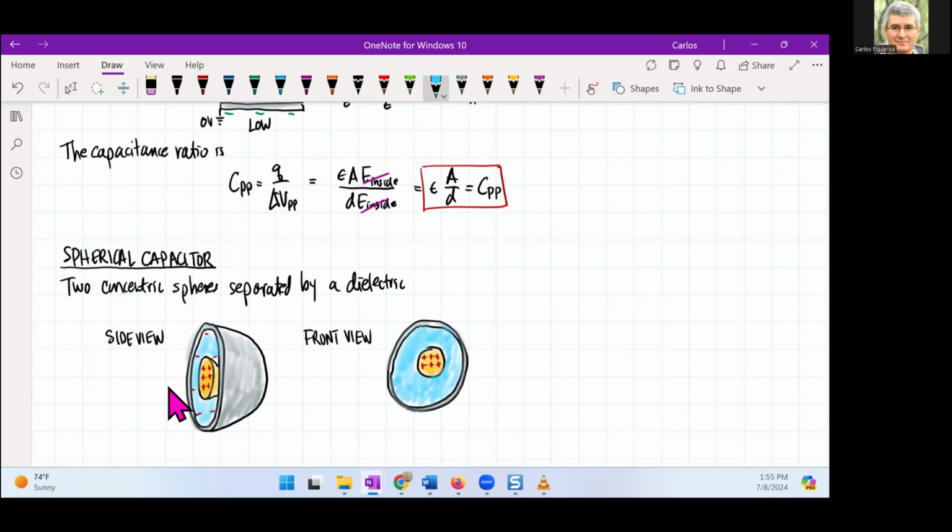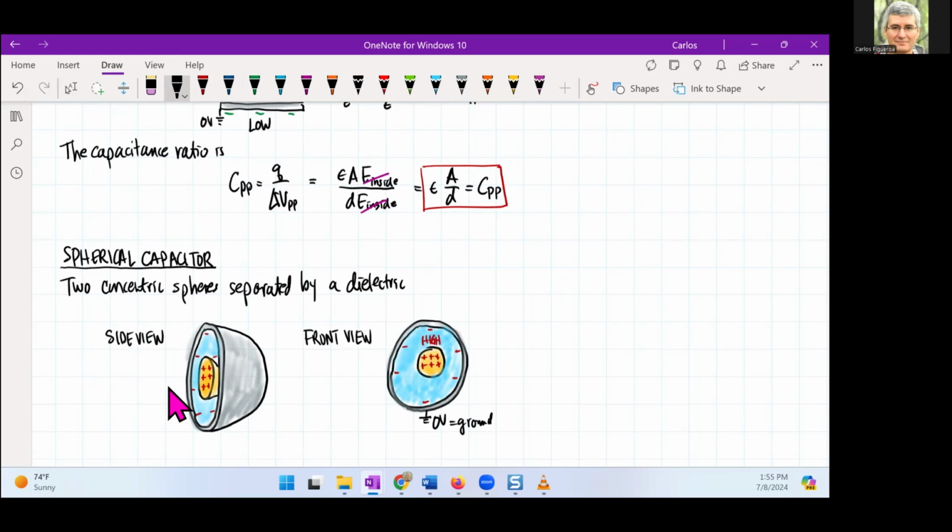Now I have the same thing as I did before. This is my high. And then I have my charges, negative charges, all the way around on the inside. And so if I take this and I attach the outer shell to the ground, then I get 0 volts. And that's why you're seeing the negative.